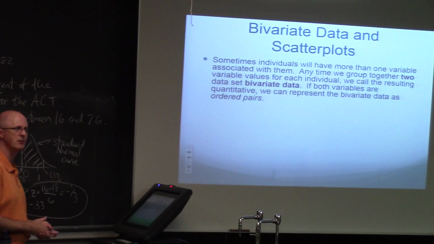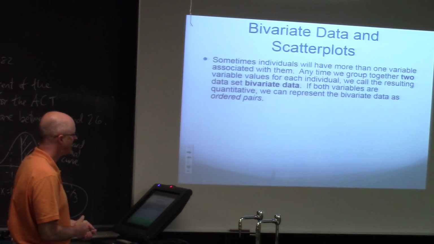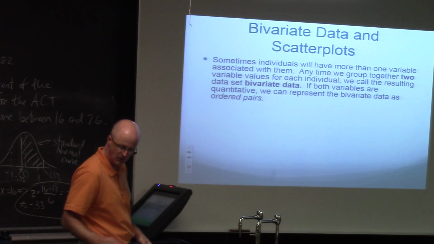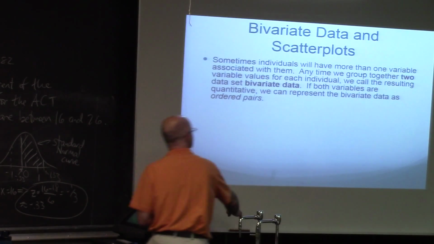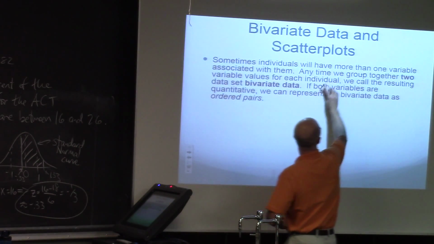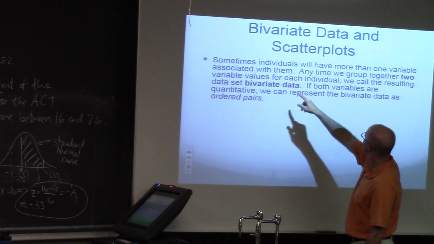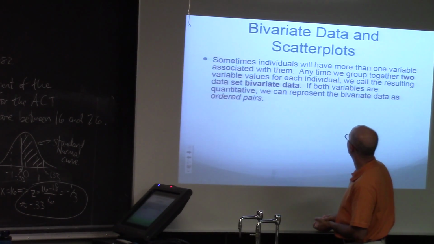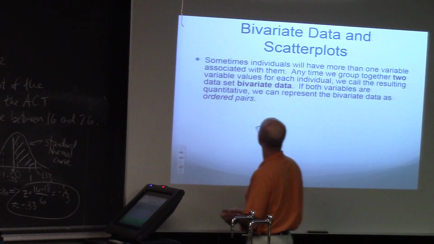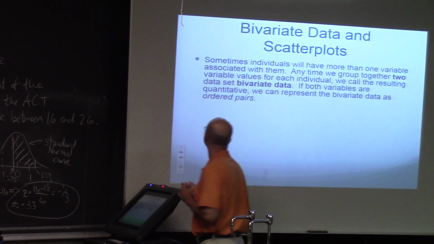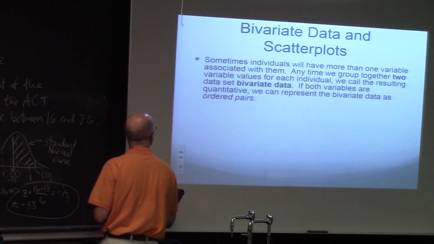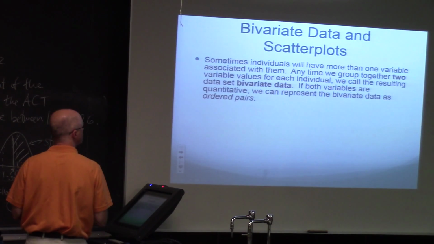Anytime you have at least two variables, and we'll focus on two, and we group them together, with two variable values for each individual, we call the resulting data set bivariate data for two variables.